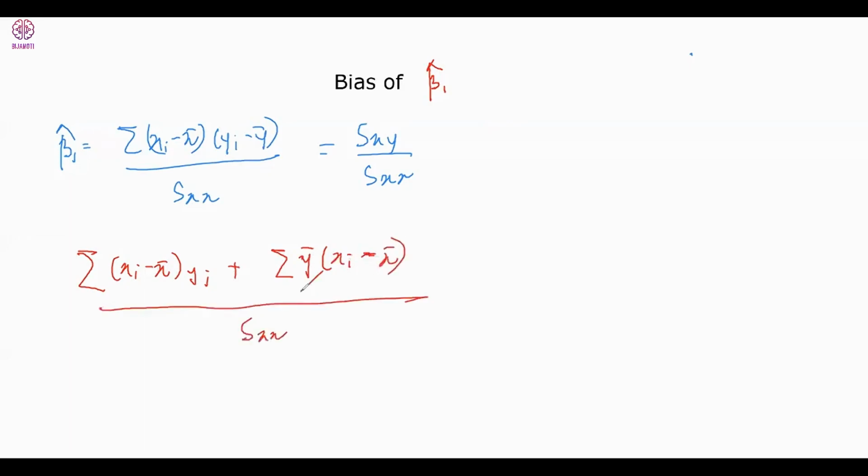Now observe this is equal to 0. Why? Because summation of (xi minus x bar) is equal to 0. This is very easy. So it turns out that it's summation of (xi minus x bar) into yi by Sxx. Now the very beautiful thing is that x bar and Sxx are constant.